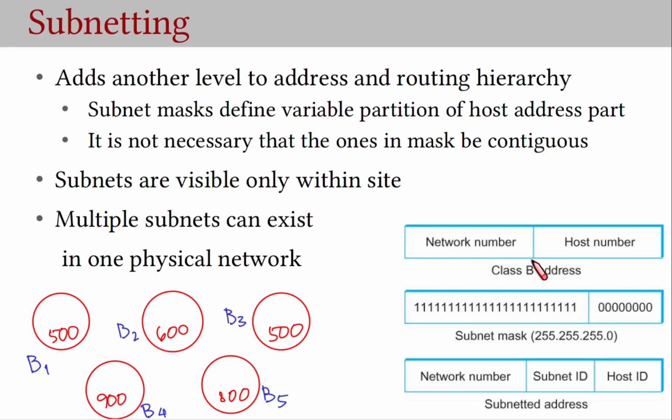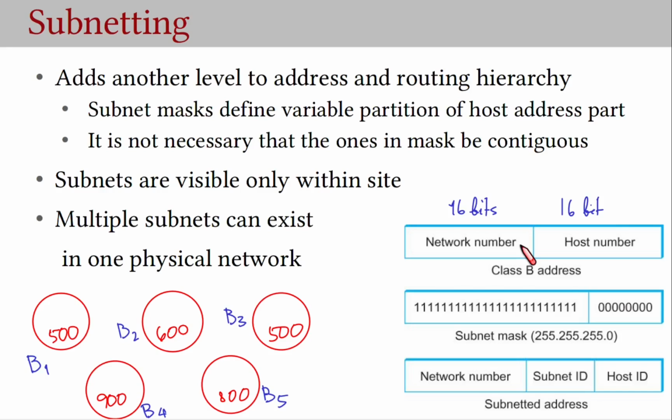So this is a class B address. Remember, there are 16 bits for network number and 16 bits for host address, and out of these 16 bits, those first 2 bits are fixed. And so if we do this, then class B addresses would exhaust very quickly.